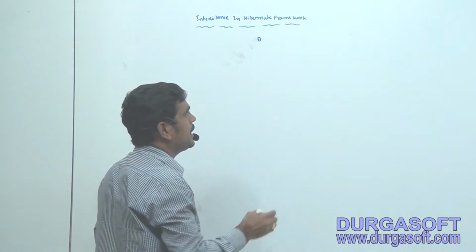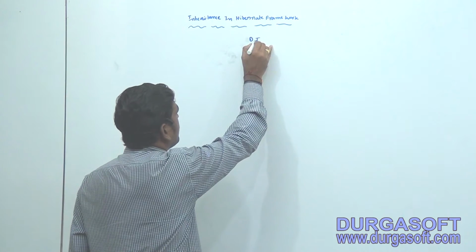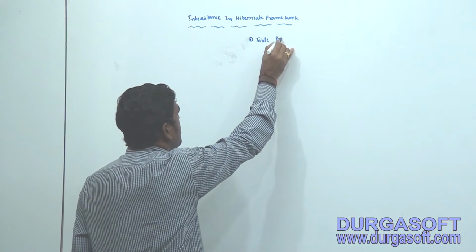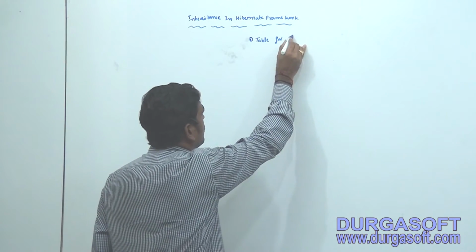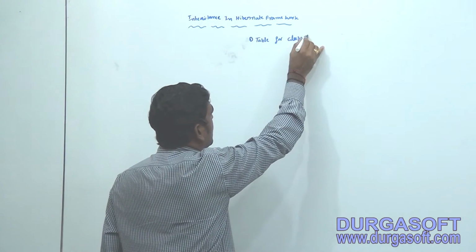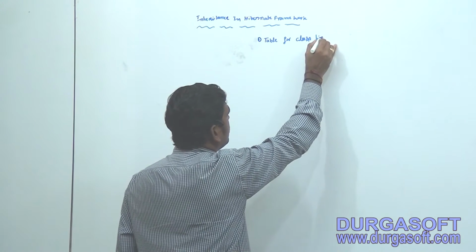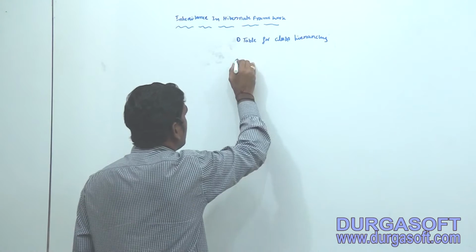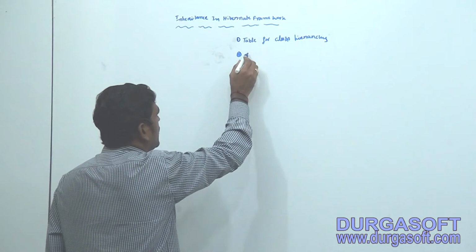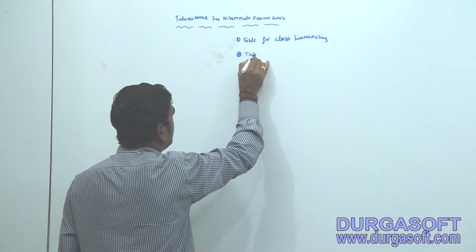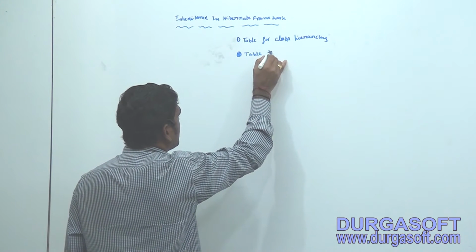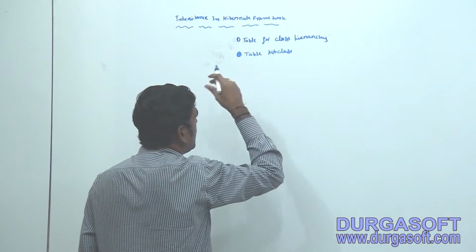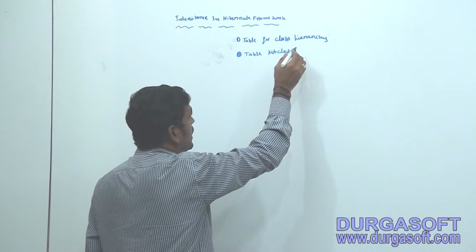Number one, table for class hierarchy. Number two, table for subclass hierarchy.